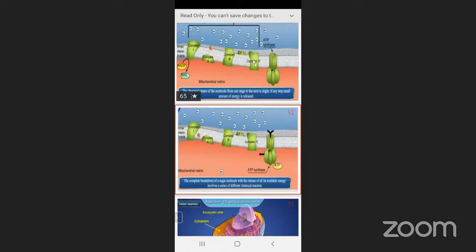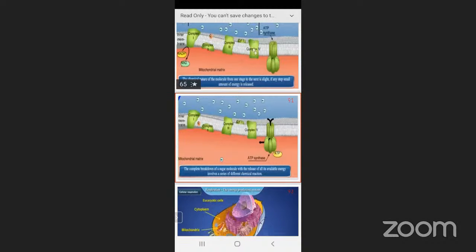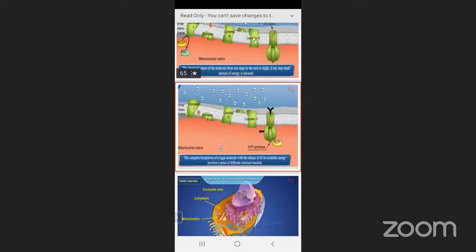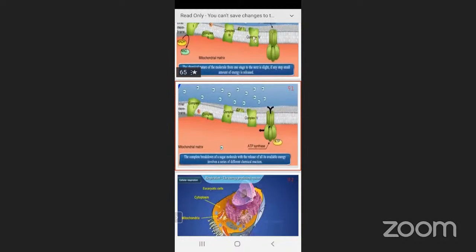I repeat again, the complete breakdown of a sugar molecule with the release of all its available energy involves a series of different chemical reactions.